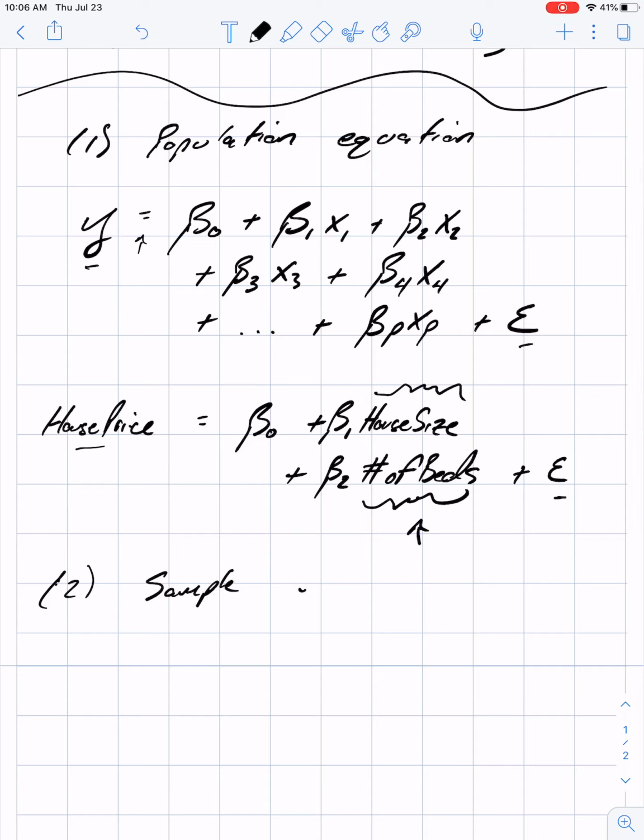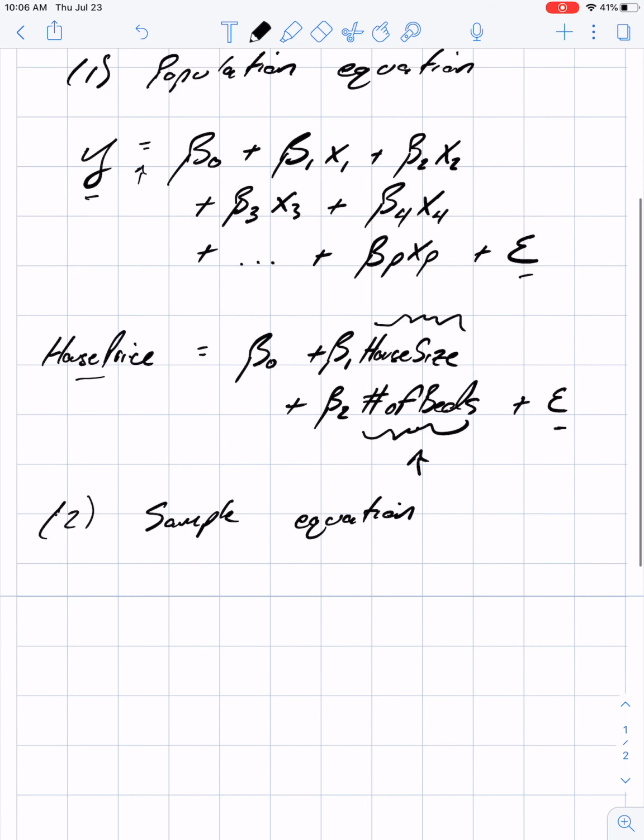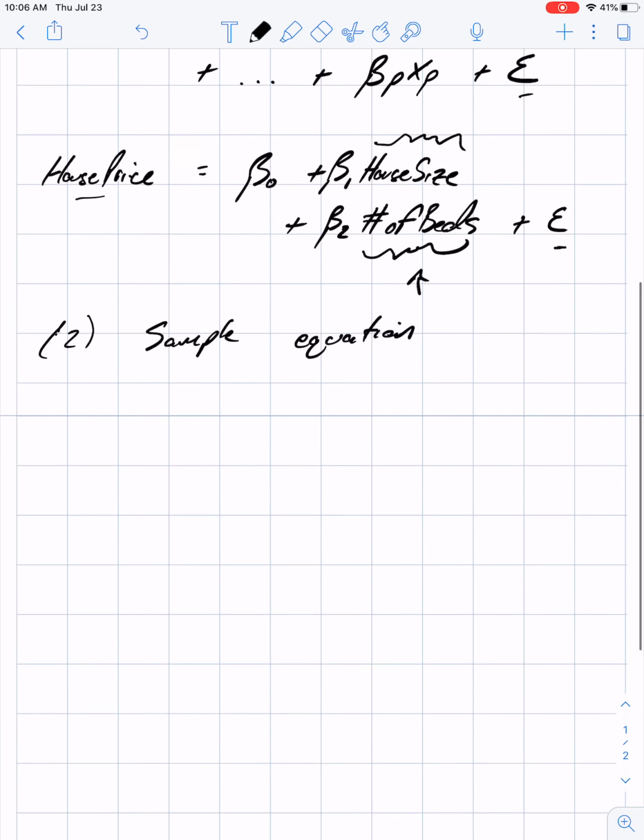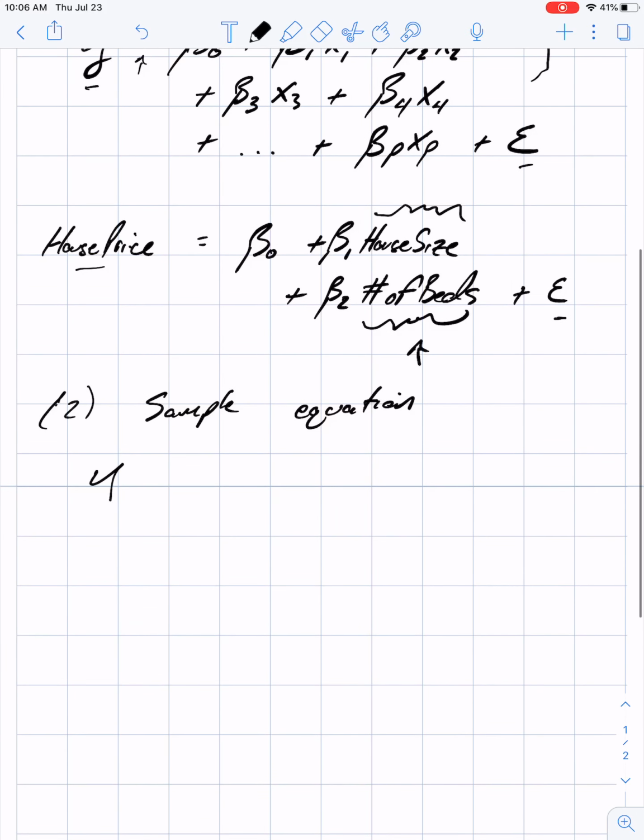So, we're going to have a sample equation. Now we want to go grab data, right? For our general one, remember, this is our general population equation. Our general sample equation will be y equals b naught plus b1 x1 plus b2 x2 plus dot dot dot plus bp xp plus e.